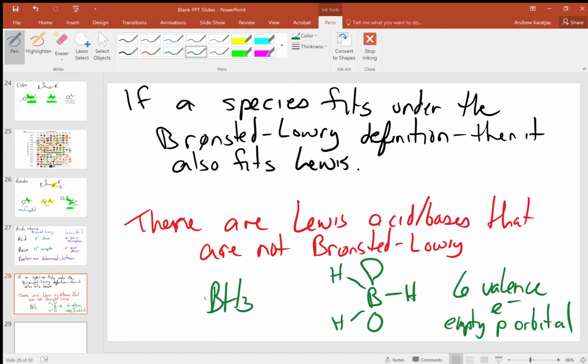Now, most acids and bases that we'll work with in this course will fit under both headings, Bronsted-Lowry and Lewis. But we just want to be aware that there are some that only fit the Lewis definition.